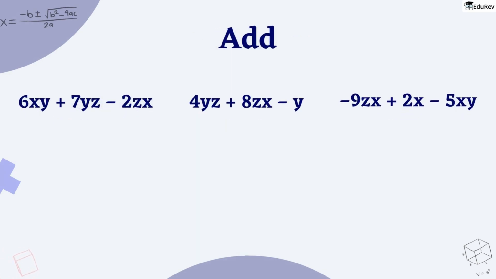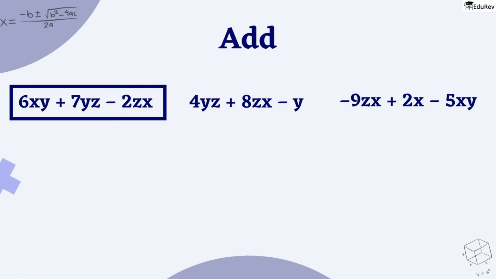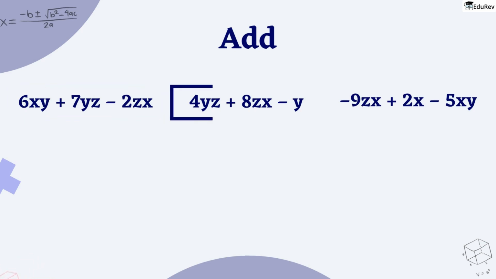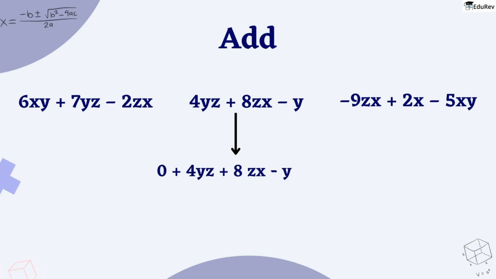When adding, we will make sure to keep the same variables under each other. Like below, 6xy + 7yz - 2zx, we will write the second expression as 0 + 4yz + 8zx - y.